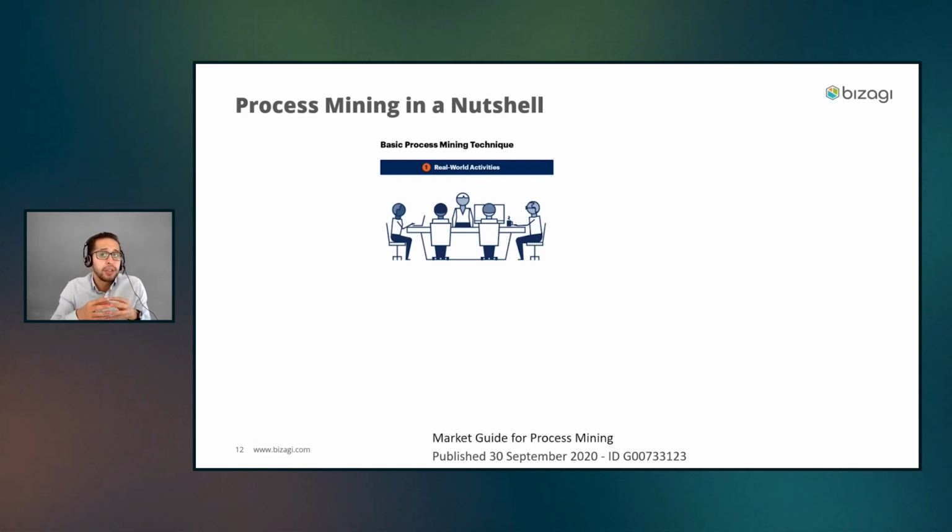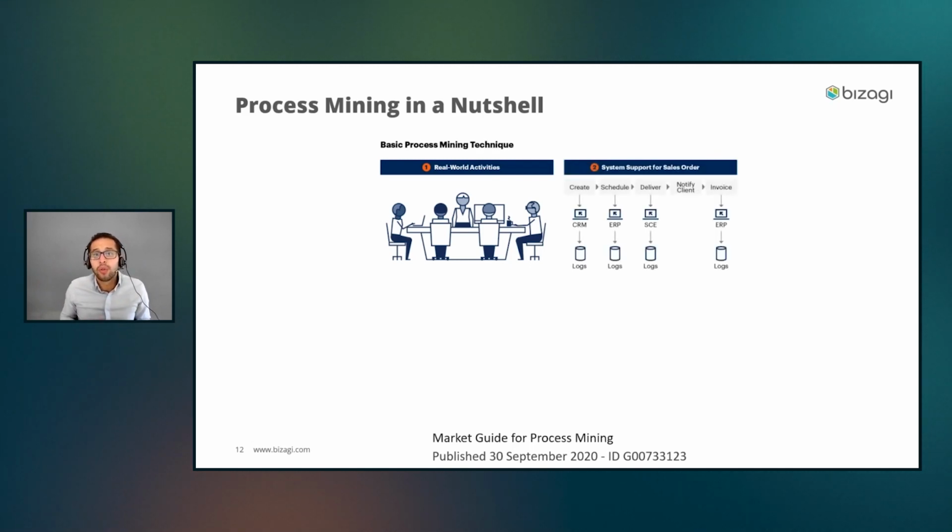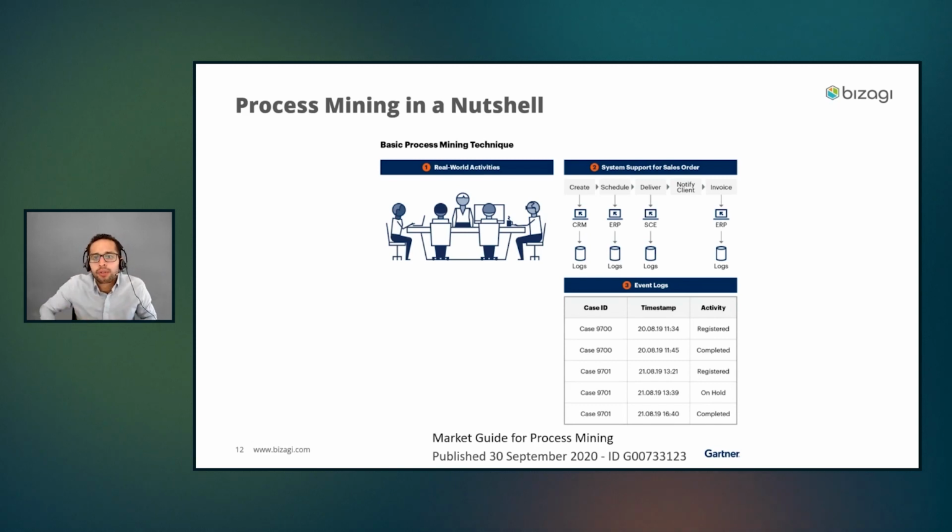And this is actually what we need as the starting point for process mining. Because once we have the real world working and going on, the next step is to go to all the different systems that we have and extract the logs. All the event logs are what we are going to need. We are going to extract that information, what every single employee is doing in every single system. Those logs must have a specific structure.